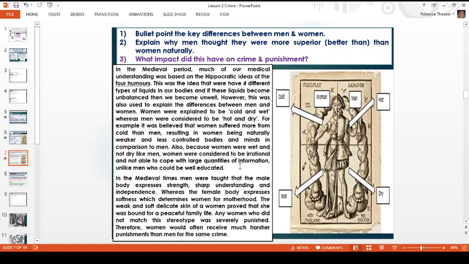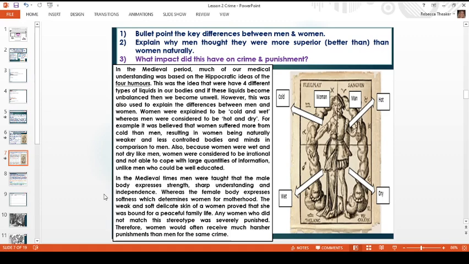So even if you were from a really well-off family, if you had a daughter, you might pay for a tutor to come and teach her embroidery, so how to knit or how to sew, maybe how to cook, potentially how to read and write, but certainly that wouldn't be to the same level of what boys were taught. So even from a really young age, girls were encouraged to be a certain way and to think a certain way, and they used the theory of the four humours as evidence to back that up.